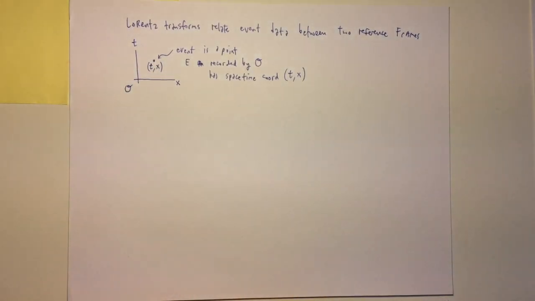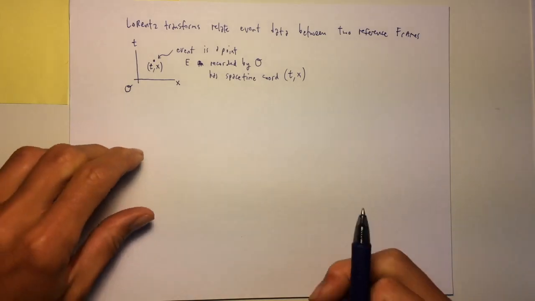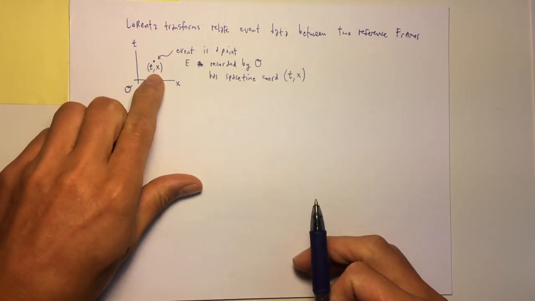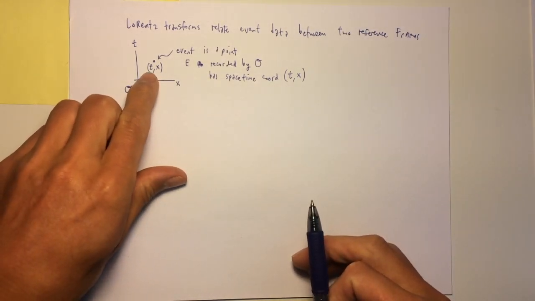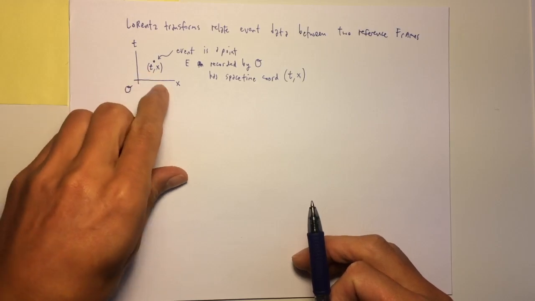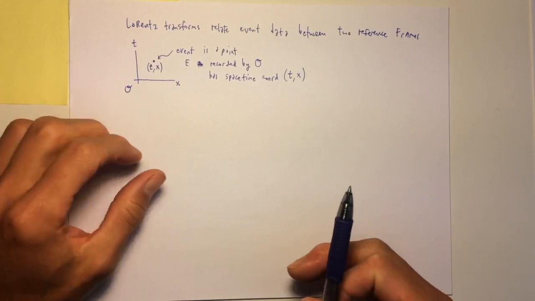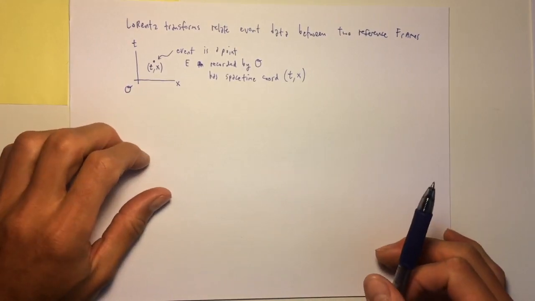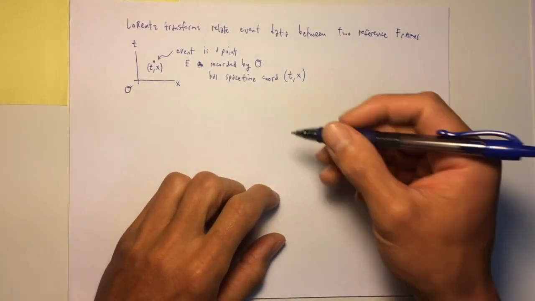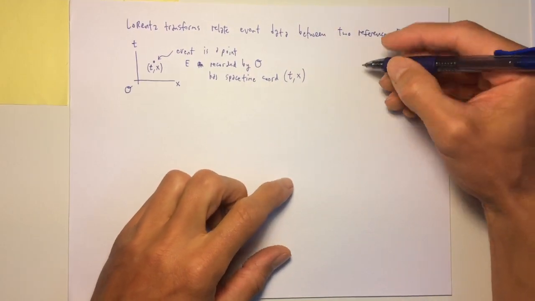That's how you tend to learn it in your math classes, and that's how people tend to draw it. But in relativity in physics, people tend to mark the time coordinate first and then the space coordinates afterwards. It sort of doesn't matter, but I'll put it this way.